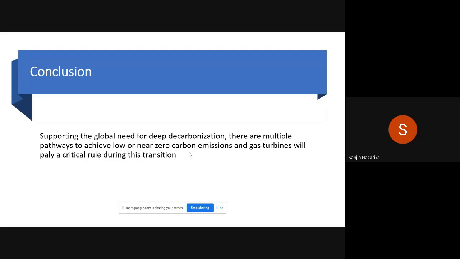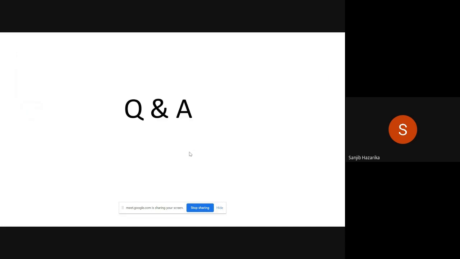And this is mostly important during the transition phase, till we have technology that's available for 100% renewable that can be utilized for utility scale. So this is the last page, and if we have any questions or anybody has any comment, we can discuss.